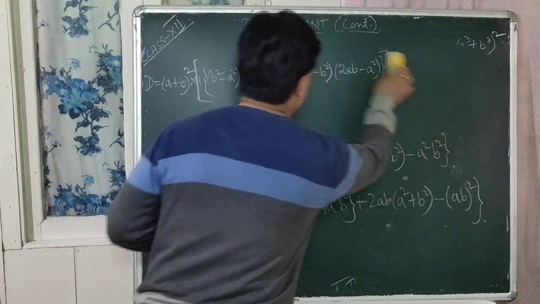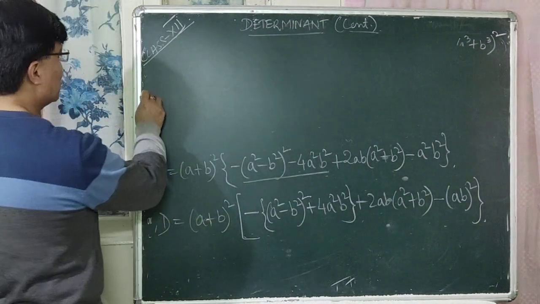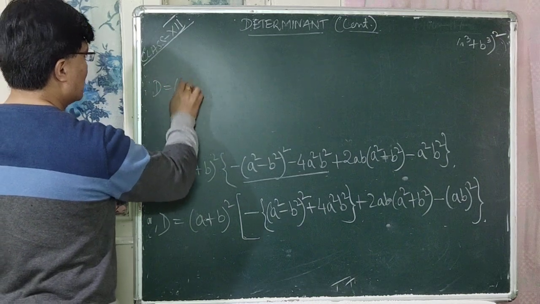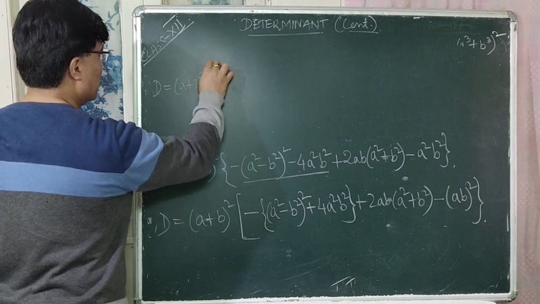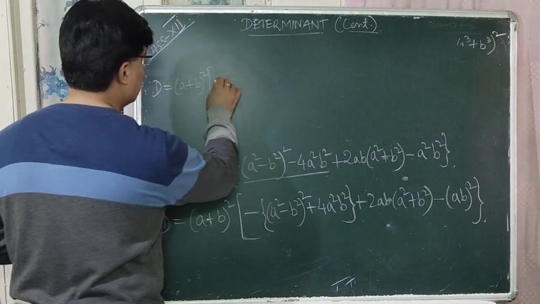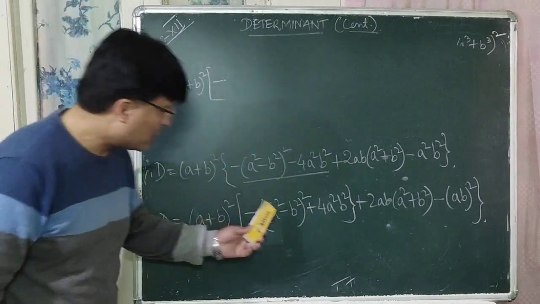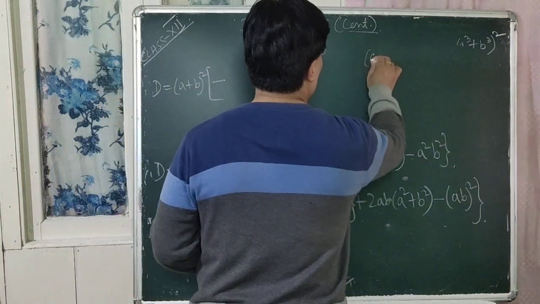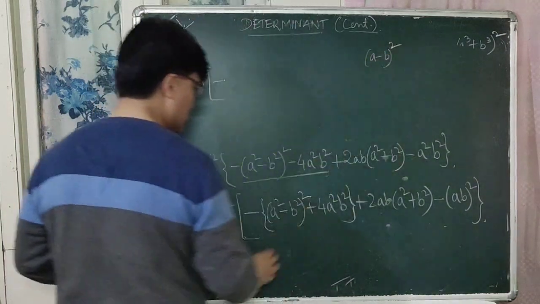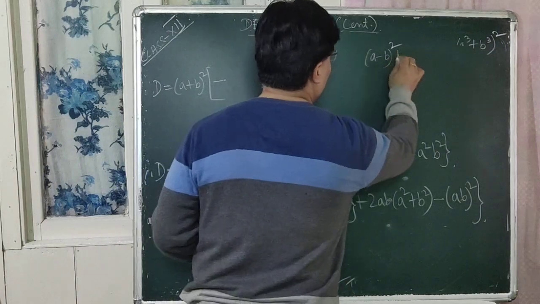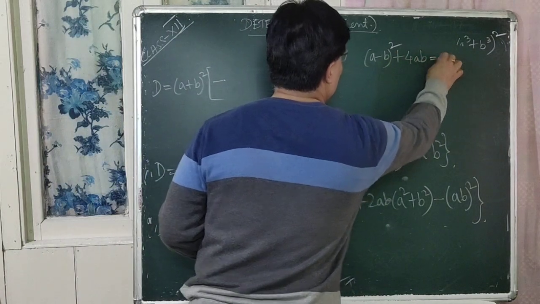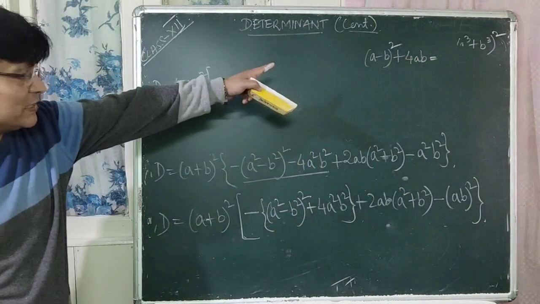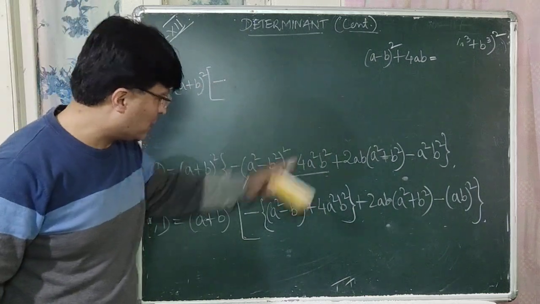So next one is, now D is equal to (a plus b) whole square. Now within third bracket, minus. Now can you tell me what is the formula for this one? This formula is used here: (a minus b) whole square plus 4ab. Instead of a, there is a square.